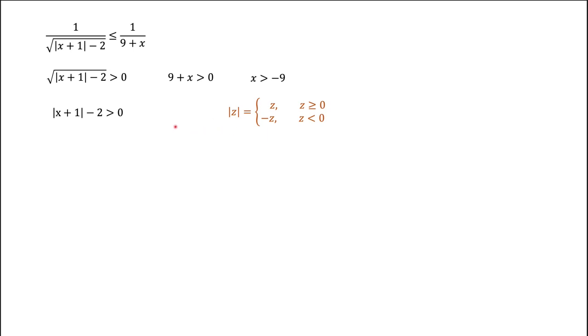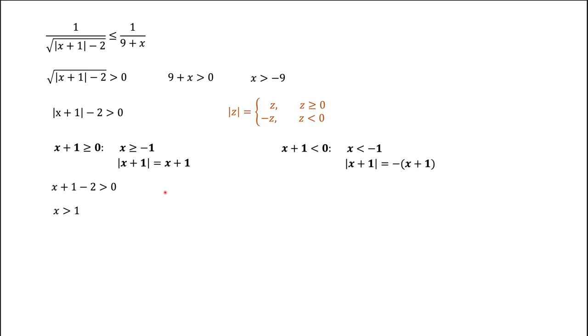And the way you solve any inequality that involves absolute value is to use this formula. And what it means in our case is consider a case when x plus 1, whatever's inside of absolute value, is non-negative. In this case, absolute value of x plus 1 becomes simply x plus 1. Okay? And in this case, we get inequality of this type, which means that x is greater than 1.